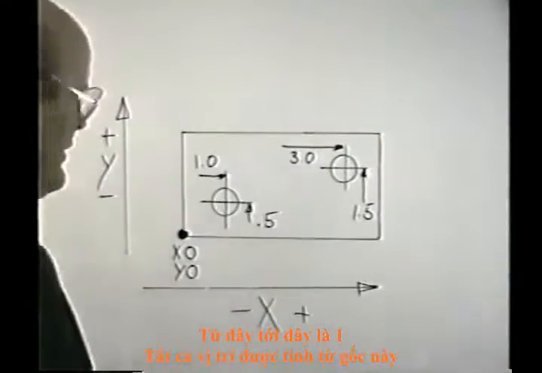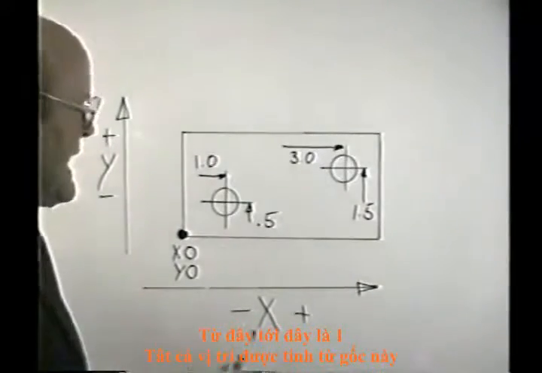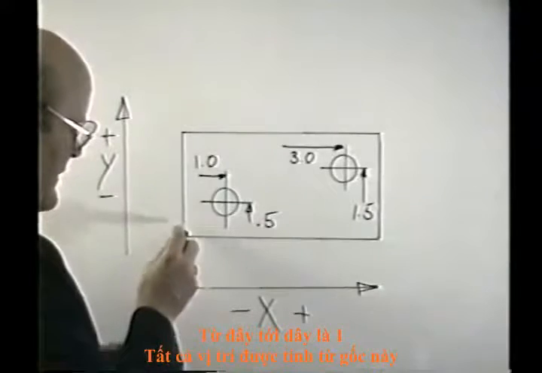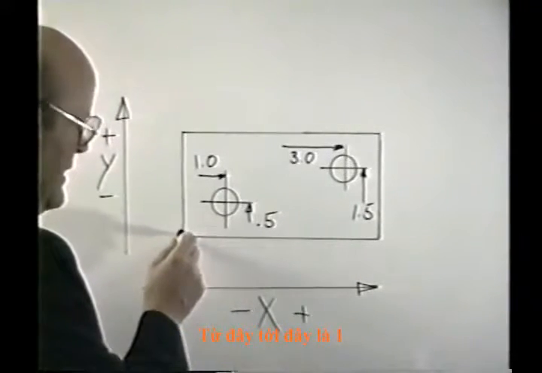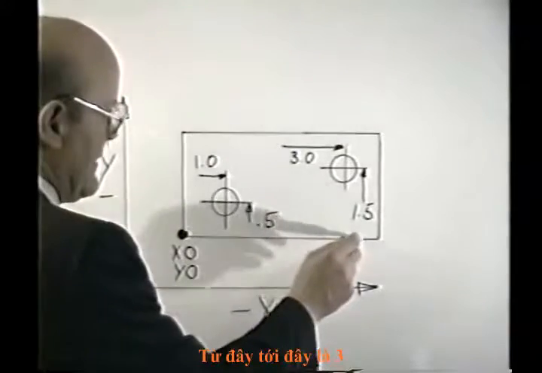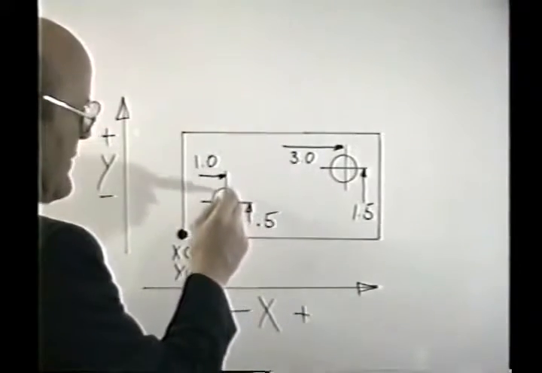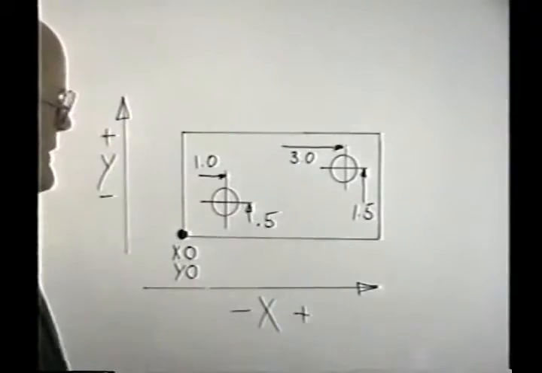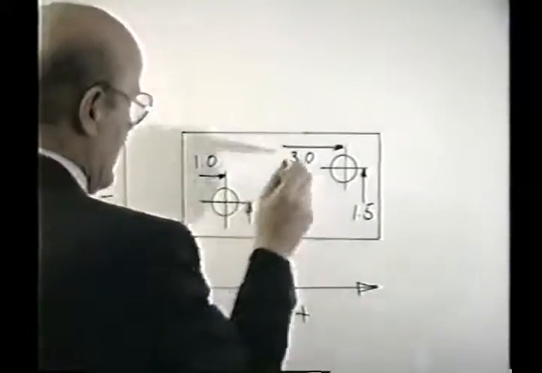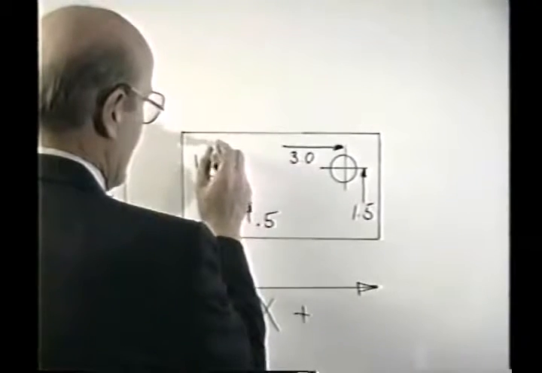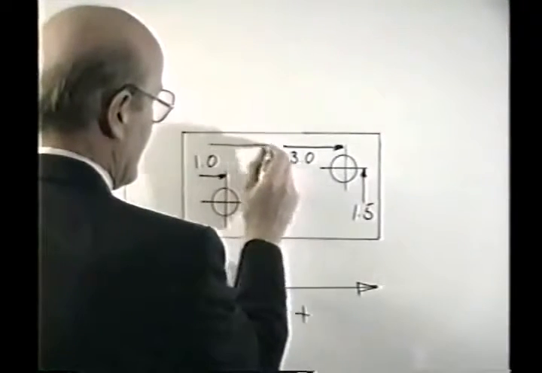Now by the way, what you ought to do and what you ought to learn is lay out all dimensions on a part so that they come from this point. From here to here is 1, and from here all the way over to here is 3. It's not from one hole to another. This layout has all the dimensions coming from this common point, where this dimension actually comes all the way from over here.